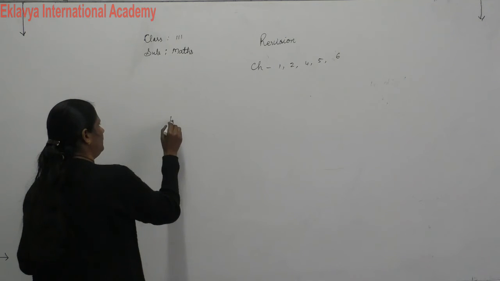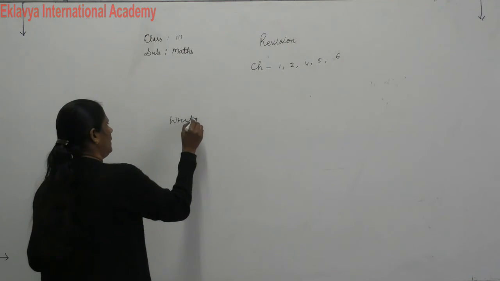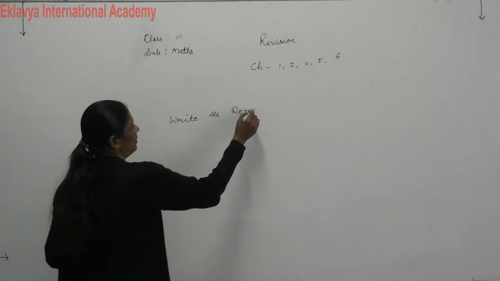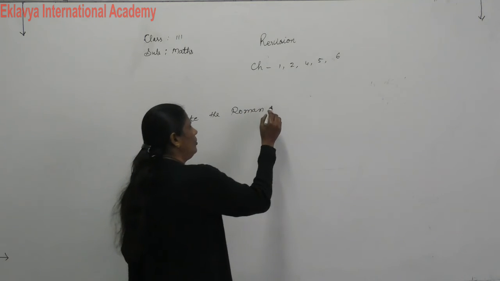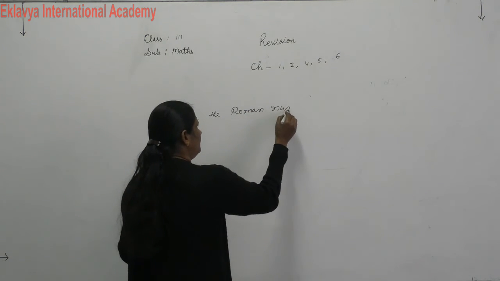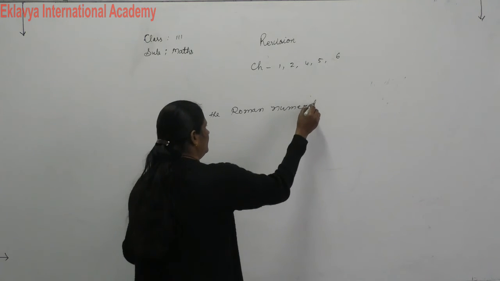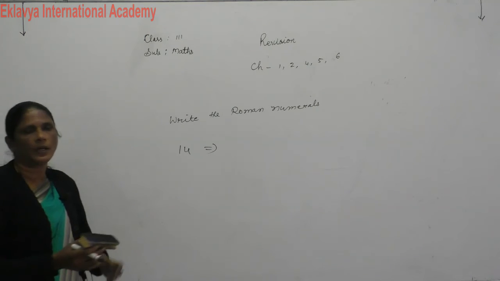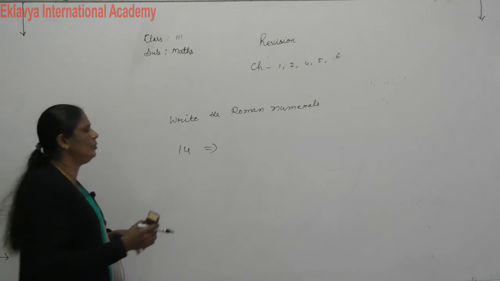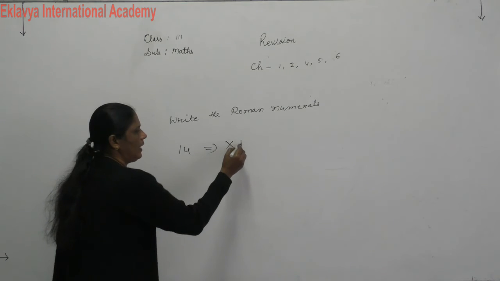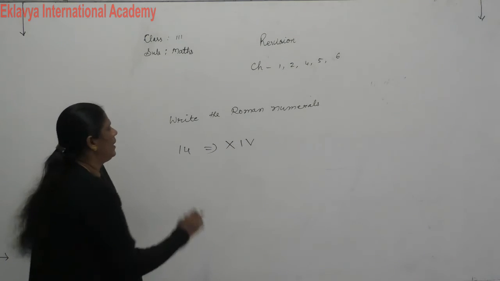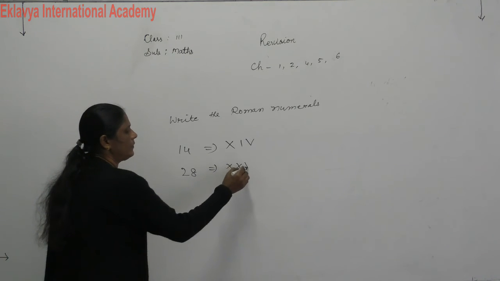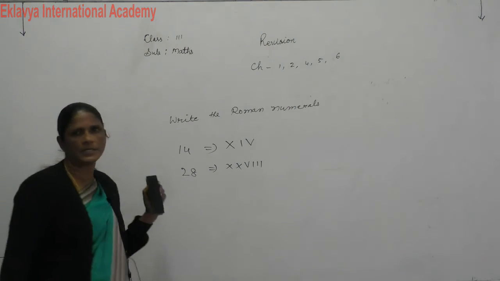Write the Roman numerals. Then 14. Write the Roman numerals. 14 is XIV. Then 28 is XXVIII. Understand?